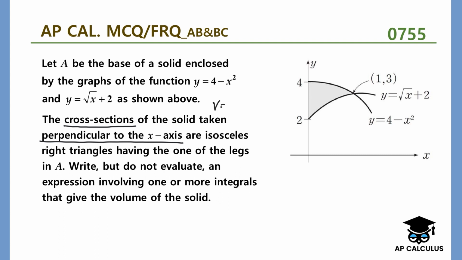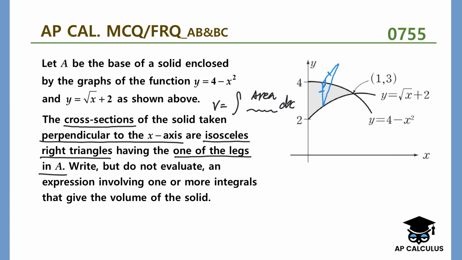So the volume must be equal to a definite integral with dx, and we must have the area of an isosceles right triangle, having one of the legs in A. If we draw one cross-section, it's going to be like that, an isosceles right triangle, and this is our hypotenuse.